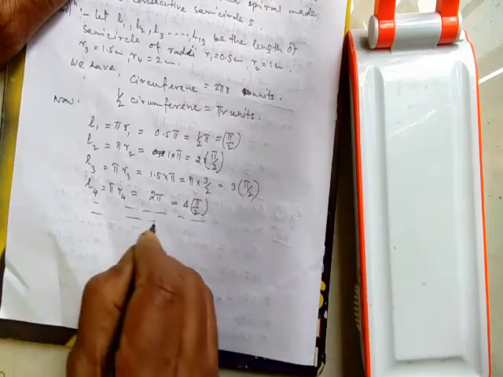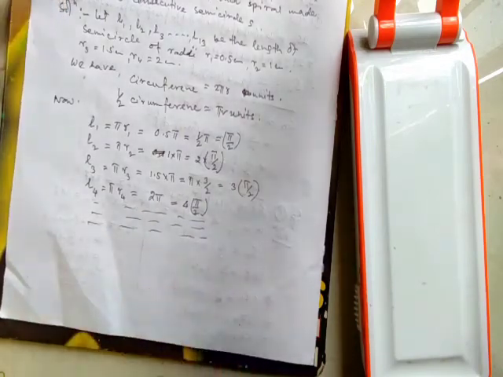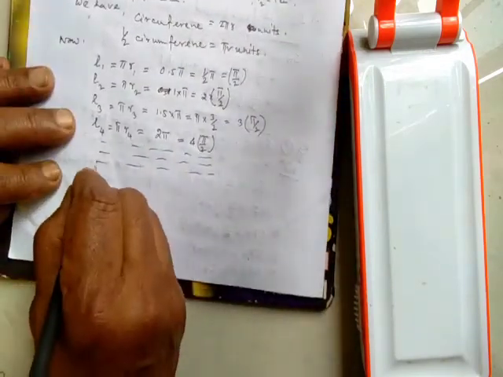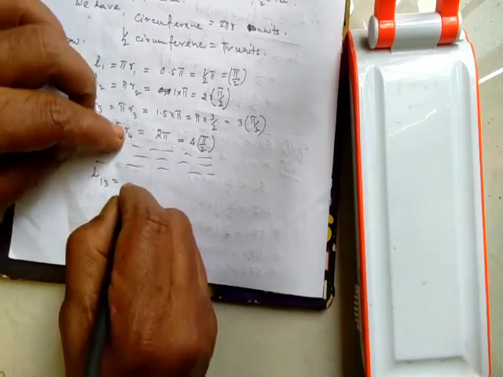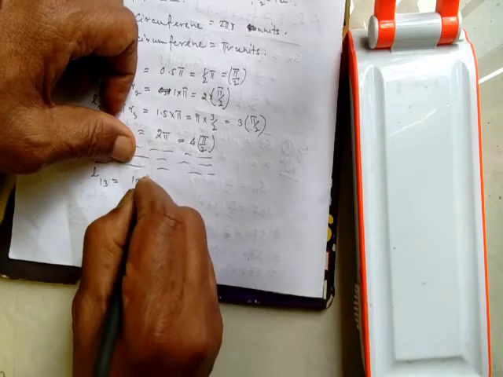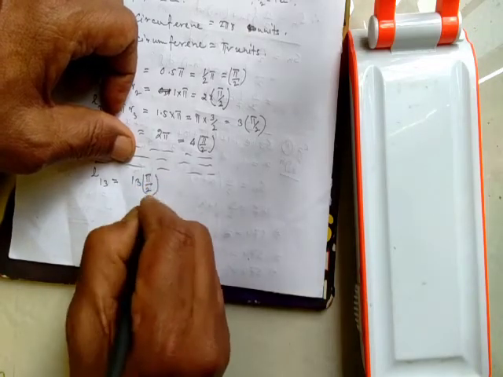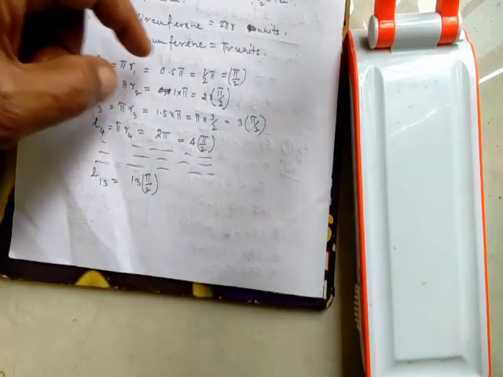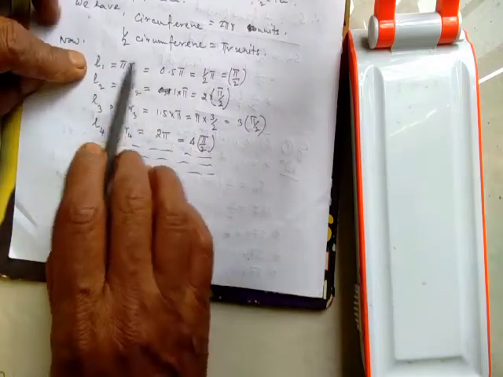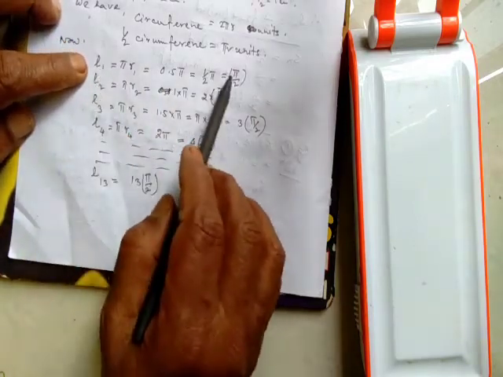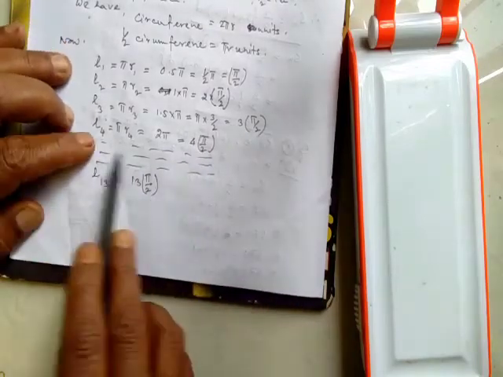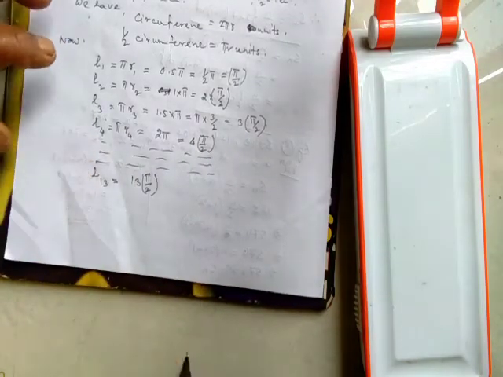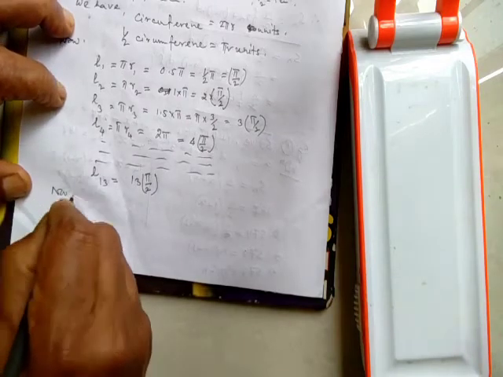This way it goes, up to L13, which is equal to how much? L13 is equal to 13 pi by 2. So thus we got the first semicircle length, the second one, the third one, the fourth one, and so on up to the 13th.